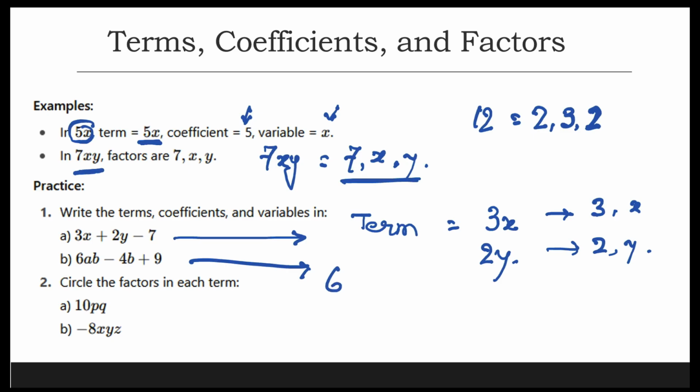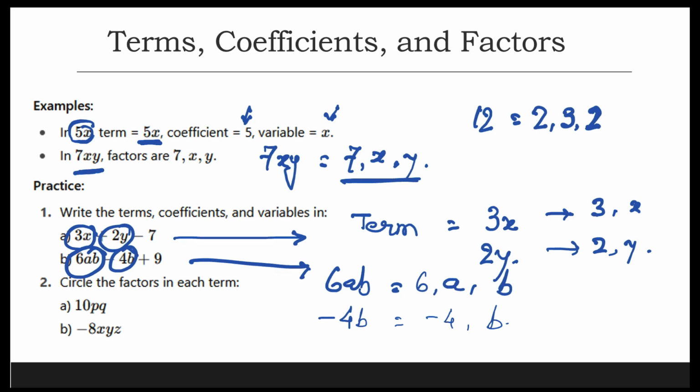Same holds true for this. 6ab, 6, a and b are factors. Minus 4b, minus 4 and b would be factors. Right? What would be the terms? In this one, terms are 3x, 2y. 6ab, minus 4b.